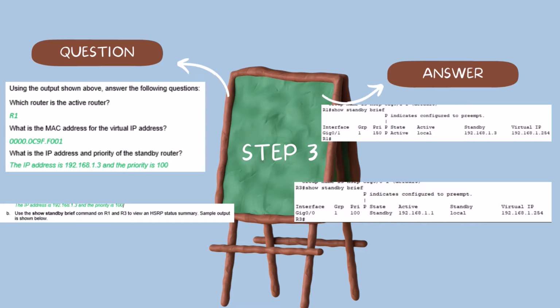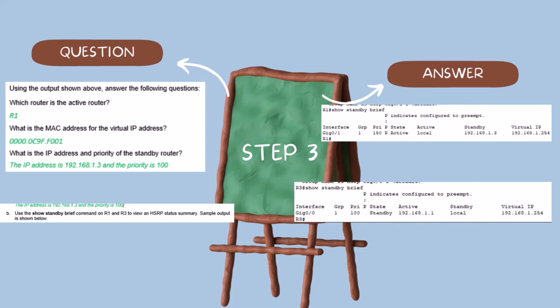The answer is the IP address is 192.168.1.3 and the priority is 100. So for the question B, use the show standby brief command on router 1 and router 3 to view an HSRP status summary sample output.